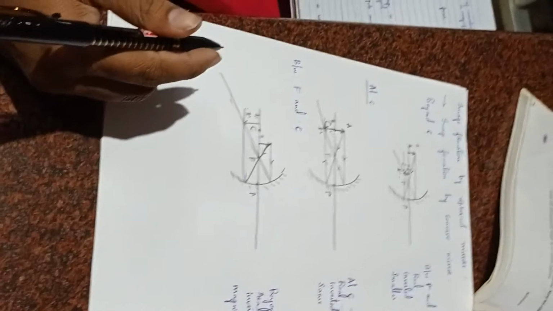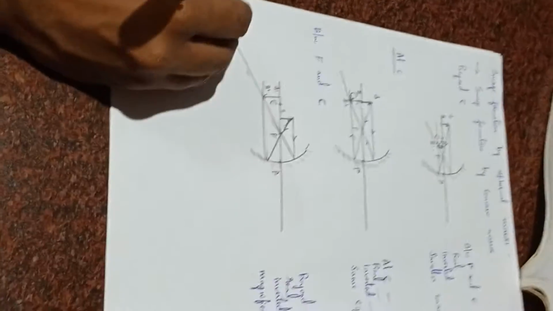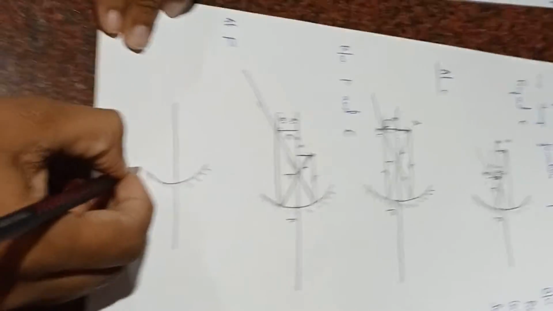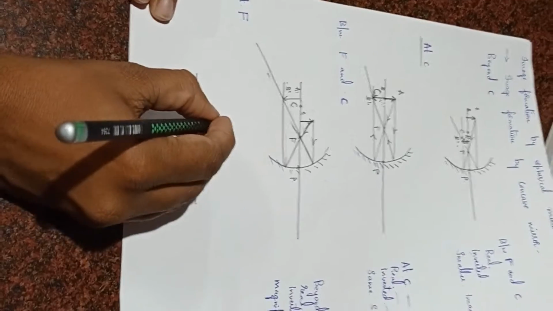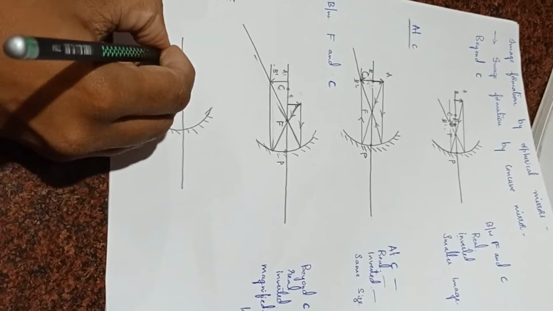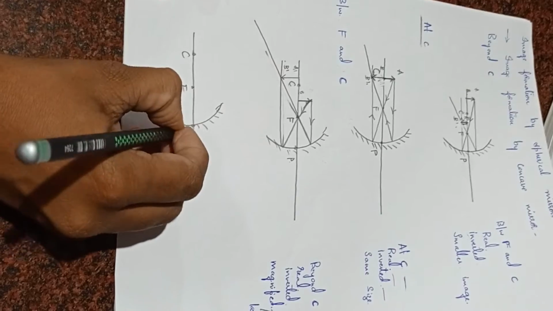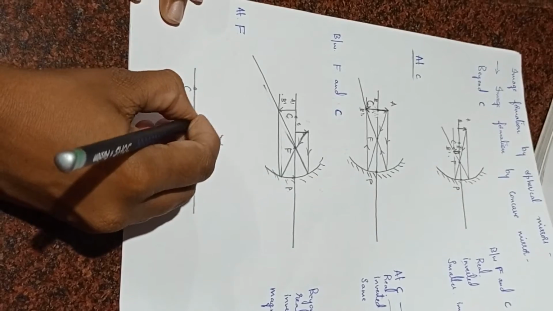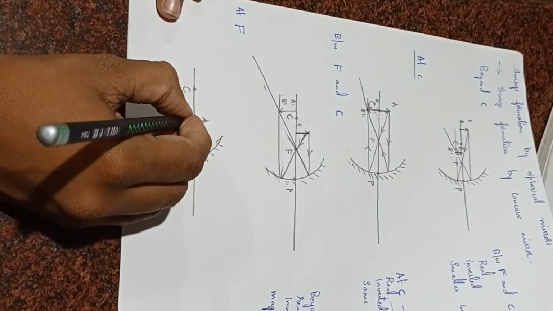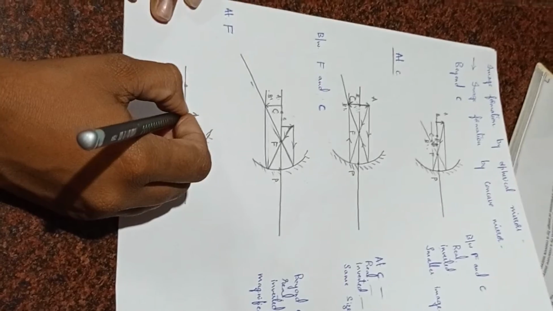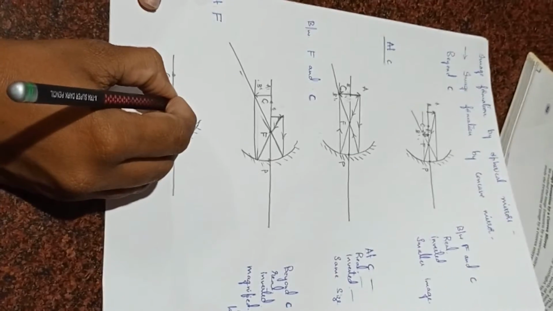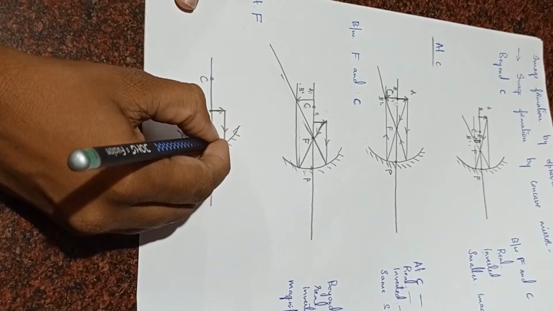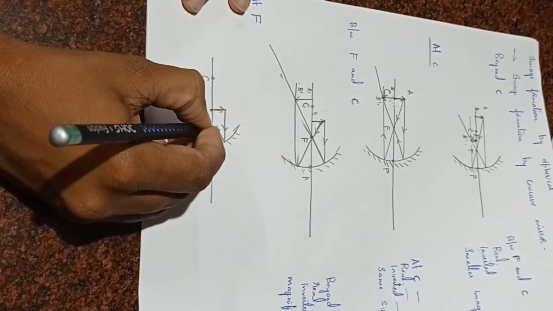Now, next case, when the object is placed at the principal focus F, what happens? You have the center of curvature here, the principal focus here, and the pole over here. Now it is asked to keep the object at F, that is, the principal focus. When the incident ray passes to the mirror, it is reflected back in this way.